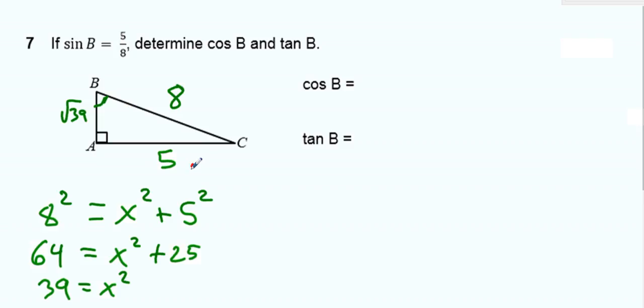So this is opposite, this is hypotenuse, this is adjacent. Cosine is adjacent over hypotenuse. So adjacent, square root of 39, over hypotenuse, 8. Tangent is opposite over adjacent. So 5 over square root of 39.